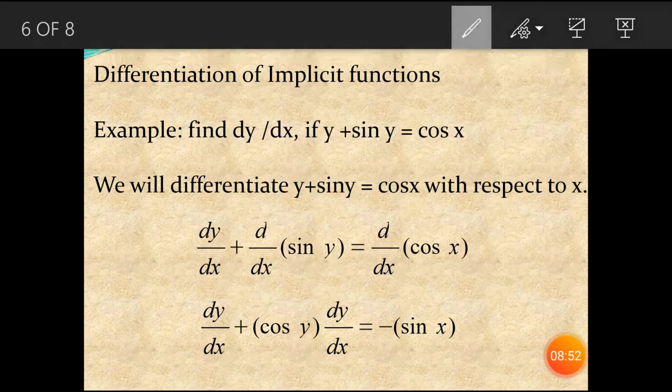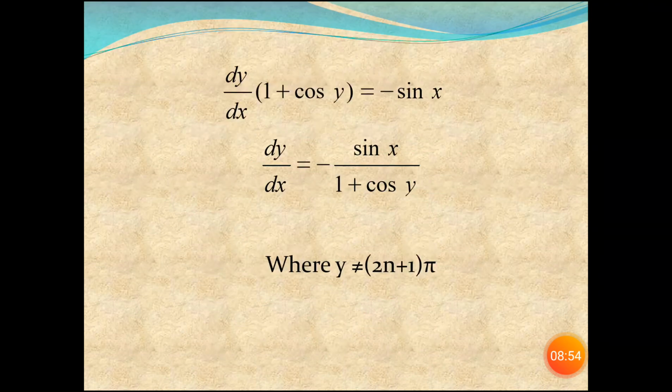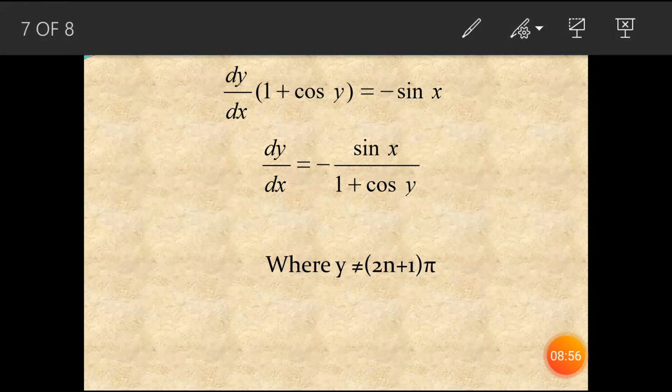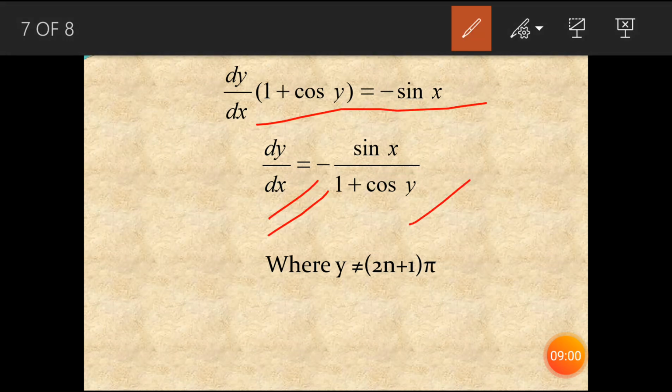So just see in the next slide. After taking dy over dx common, you will get this, and finally the value is minus sin x upon 1 plus cos y, where obviously you know that y cannot be equal to (2n plus 1) times pi, otherwise the denominator will become 0 and the denominator should not be 0.